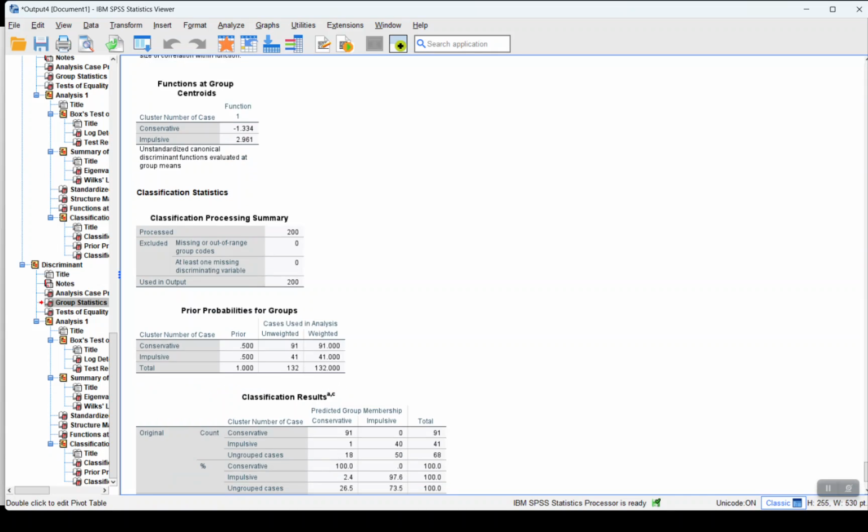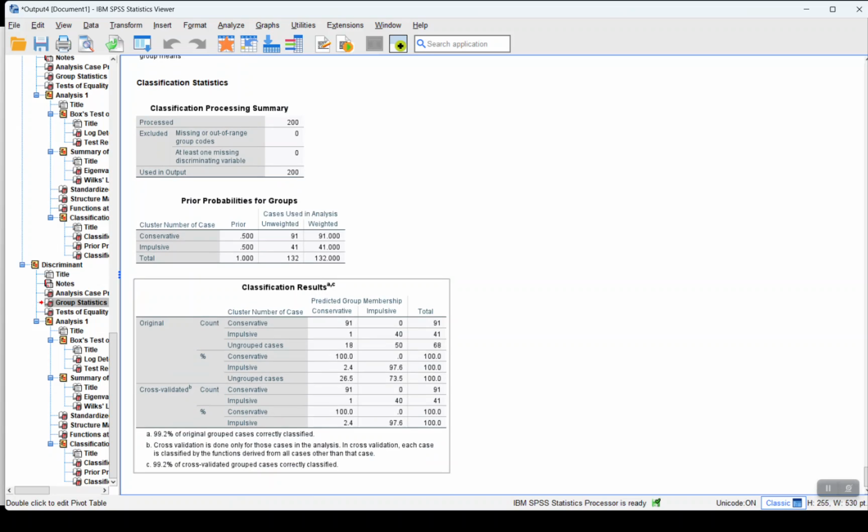If we go below, we have the classification results, which look at the original values and how the different cases are classified. For conservative, we had 91, and for impulsive, it was 1, where they were respectively different for one case.